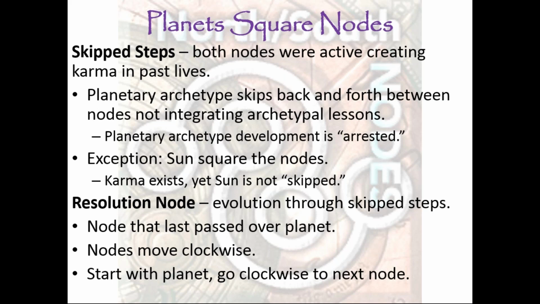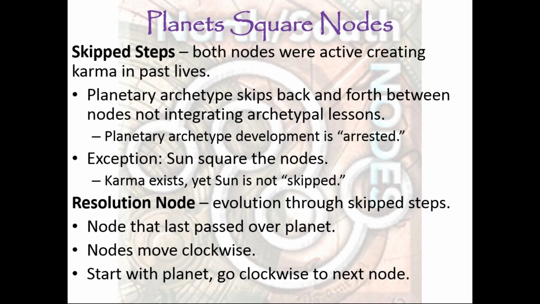And the resolution node is always the node that last crossed over the planet square the nodes. Now, because the nodes move in a clockwise fashion, you start with that planet and you go clockwise, you reverse through the signs, you reverse through the houses to get to the first node you come to. That is the resolution node. That can be the north node, that can be the south node.